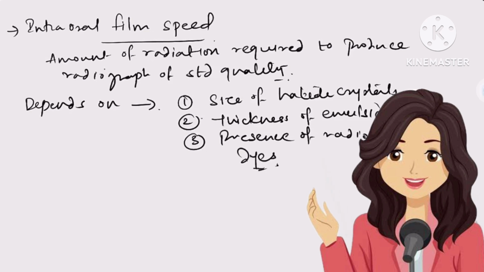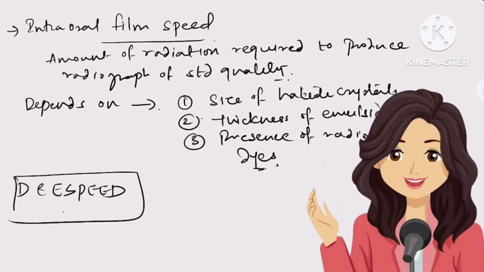Now, what is this film speed? When you buy the film packet, they'll ask you which speed you want. In dental radiography, only D and E speed films are used. This is an important point. Only D and E speed films are used in intraoral radiography.